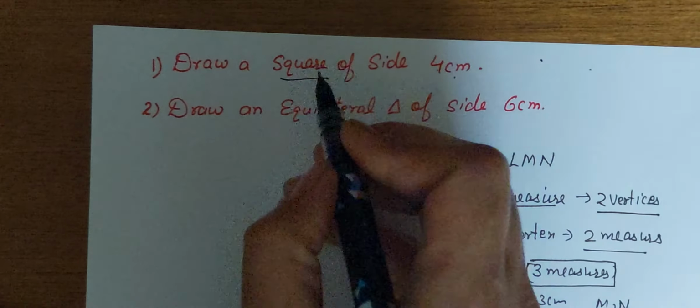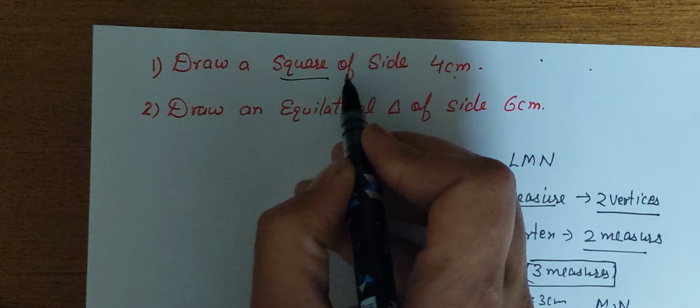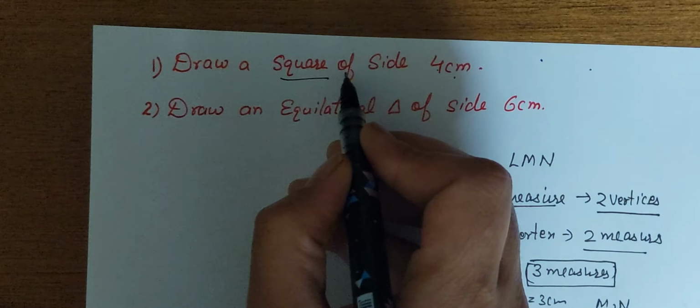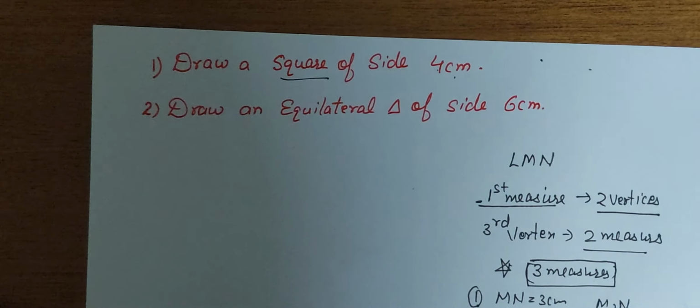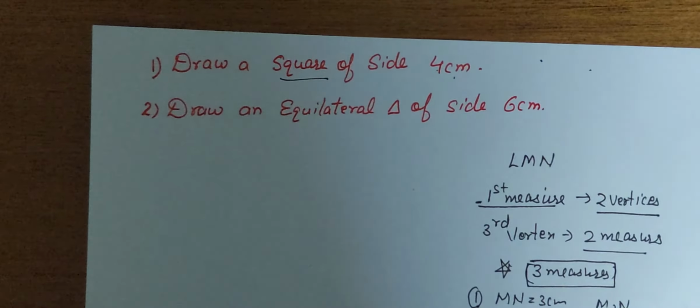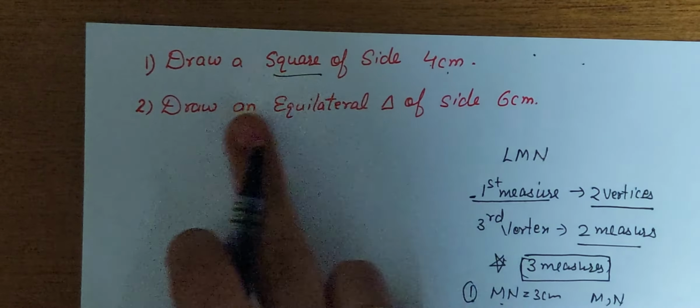First of all, you're going to make a dummy, and in that dummy you will label only those 5 measures that you are going to use to construct the square. The same is to be done for this.